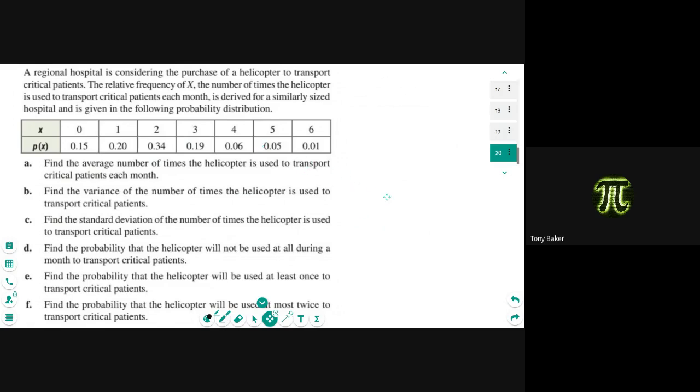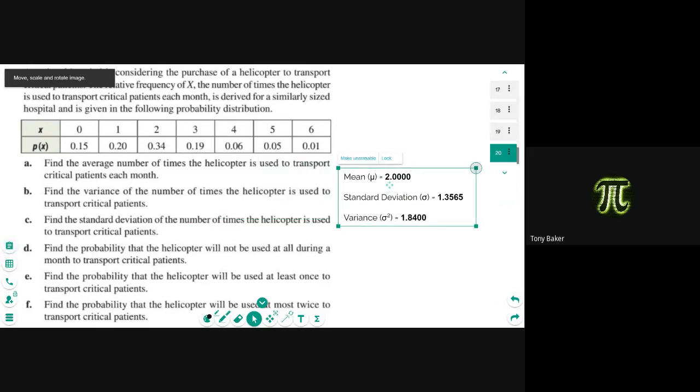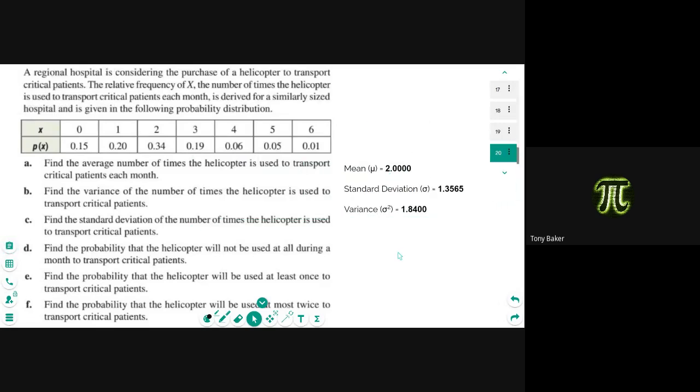Okay. So there's my mean, standard deviation, and variance. My mean is 2. Standard deviation is 1.3, and my variance is 1.84. So it varies by just over 1 each time.